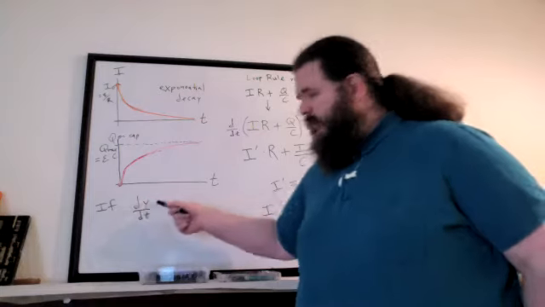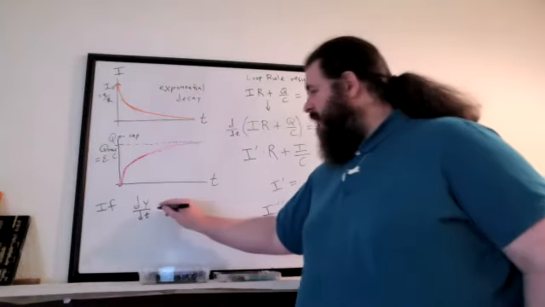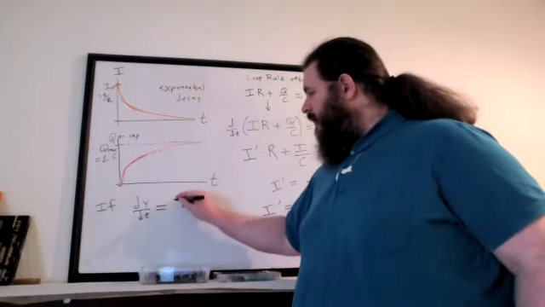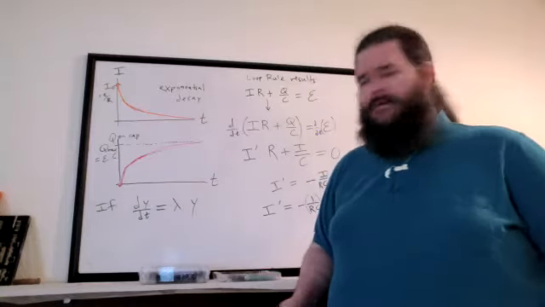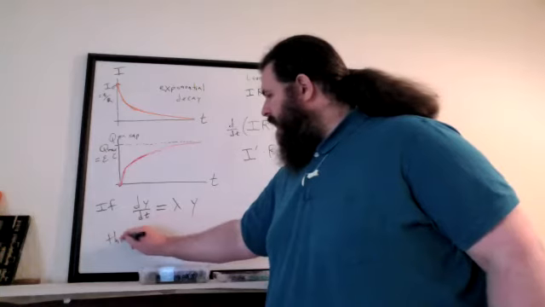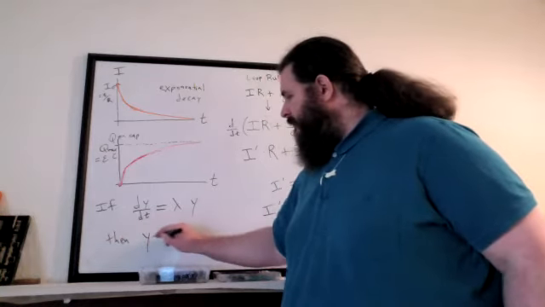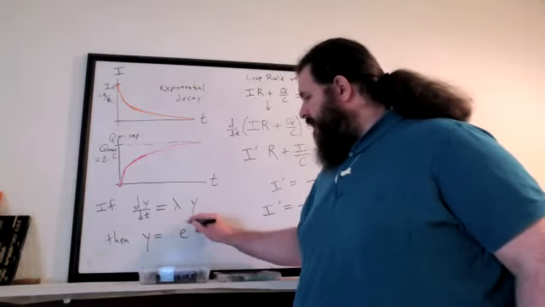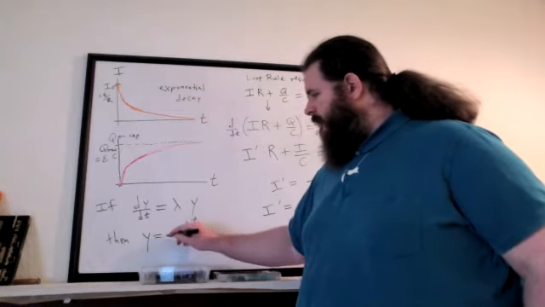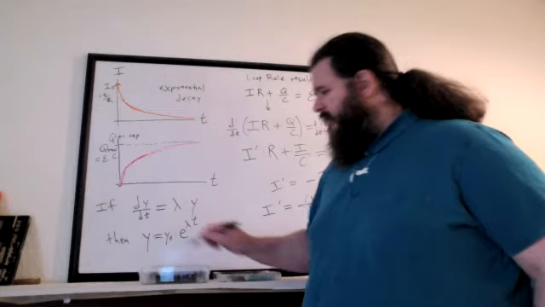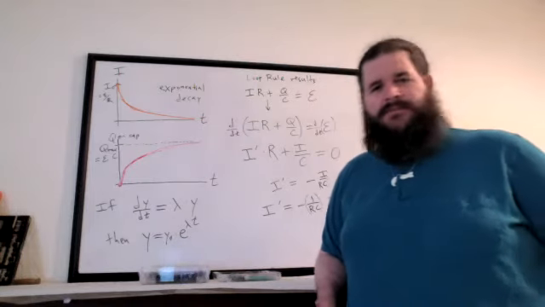If the derivative of some function with respect to its independent variable is a constant times the function itself, and we usually use lambda for that constant, then that function has to be e to the lambda t times some coefficient, which is typically the starting value of y, y0.